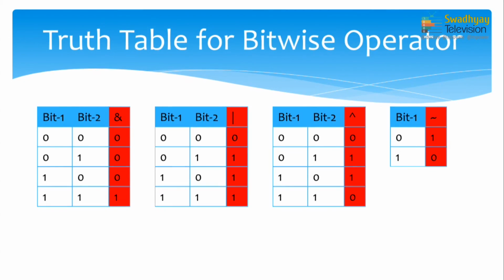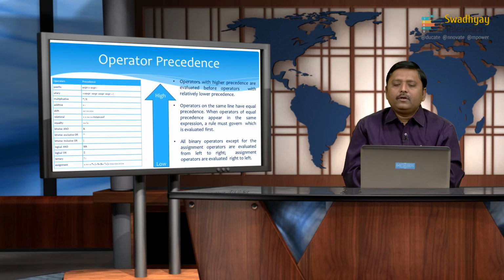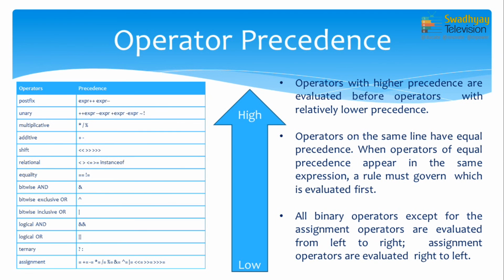Now, we discuss different types of operators. In any expression or formula, we use many operators at a time. So, which operator will be evaluated first? For that Java defines operator precedence. Operator precedence defines which operator will be evaluated first.